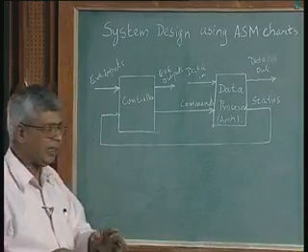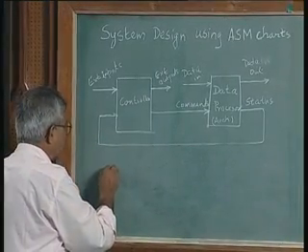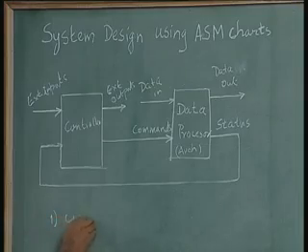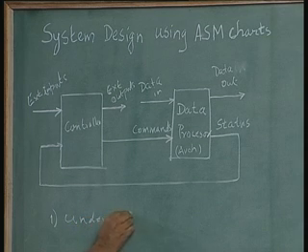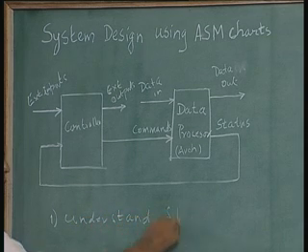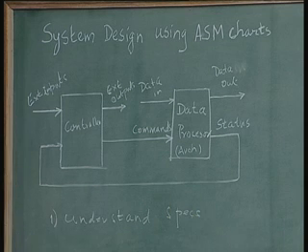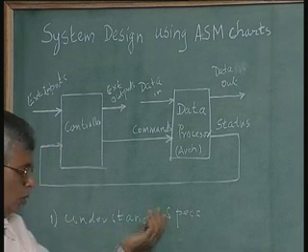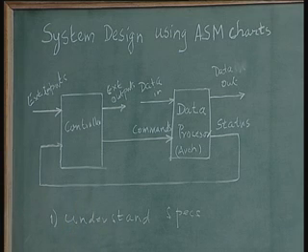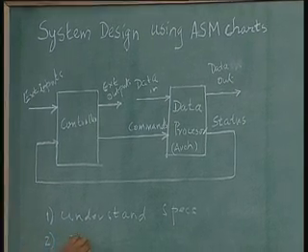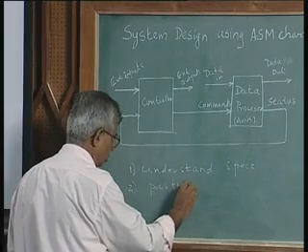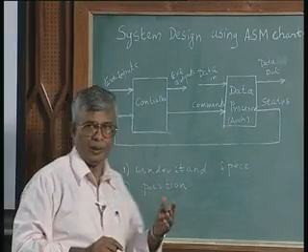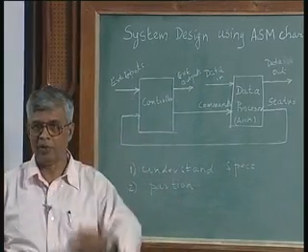So, this partitioning of the problem, understand the specifications of the problem completely, it should be fool proof, there should be no vagueness about it. If there is vagueness, then it is very difficult. Then you partition. After understanding the specifications, you partition. The partitioning will be done taking into account what is available and what is not available.